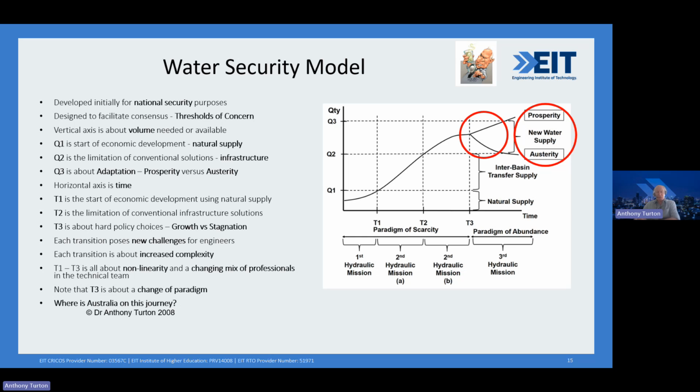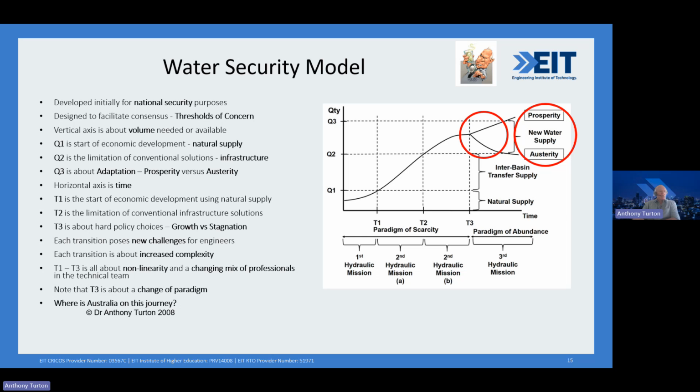So that quadrant in the top right-hand corner there is one of great importance, and that's happening in Western Australia right now, that's happening in South Africa right now, and it's happening in other parts of the world as well right now. It's not only an Australian and an African thing. For example, it's happening right now in the state of California. It's happening in other parts of the world as well.